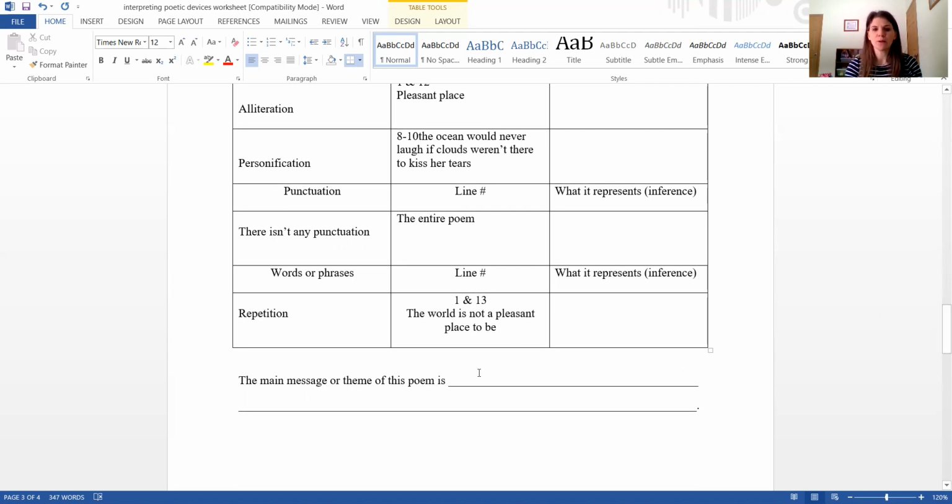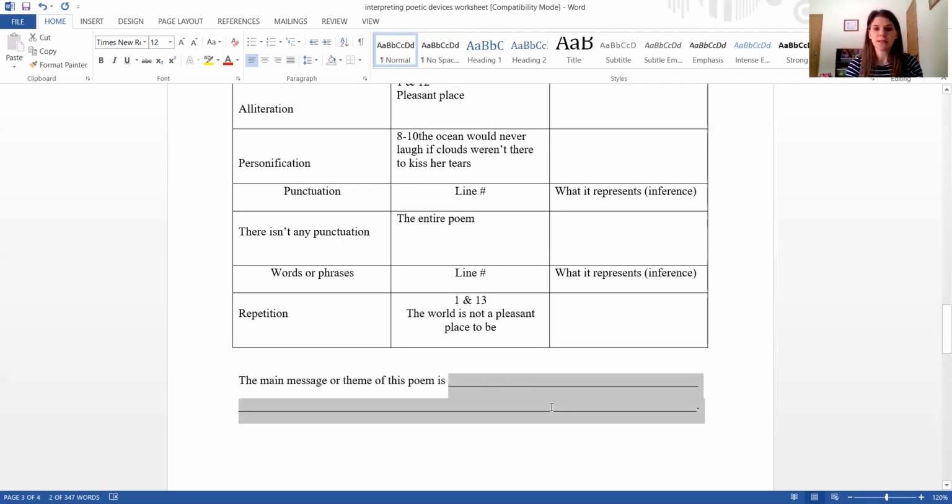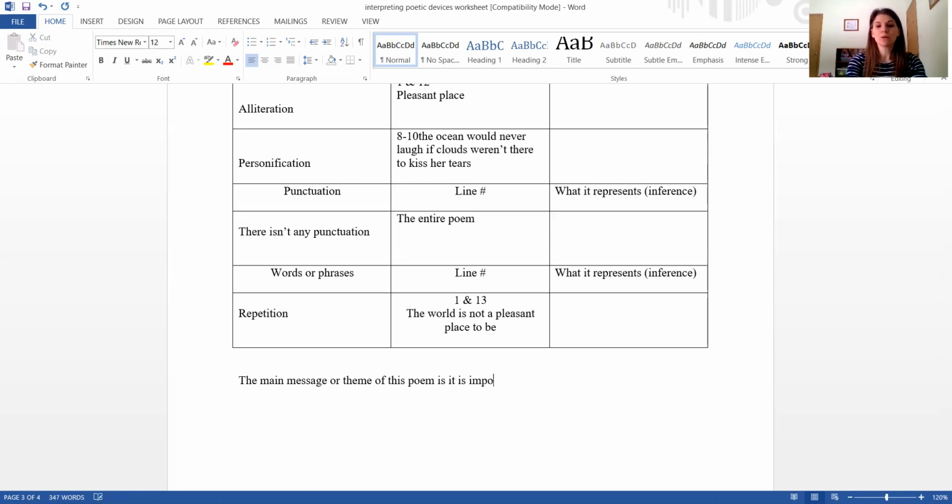As we look at this last one, we know the world is not a pleasant place to be without somebody. We might say something like the main message of the poem is, it is important to have people. I cannot type today. People in your life.